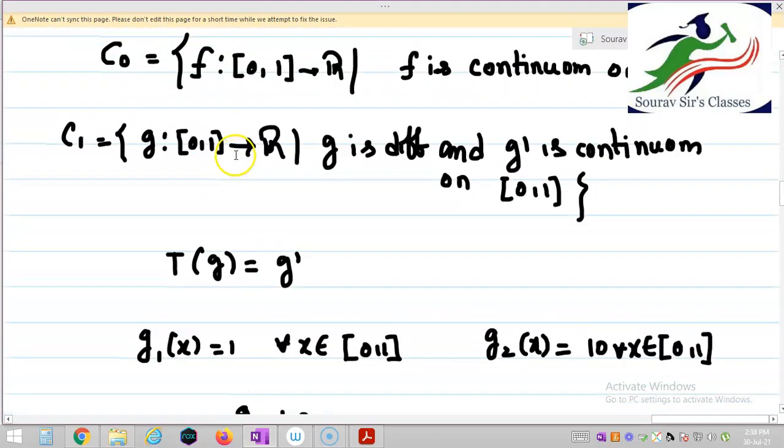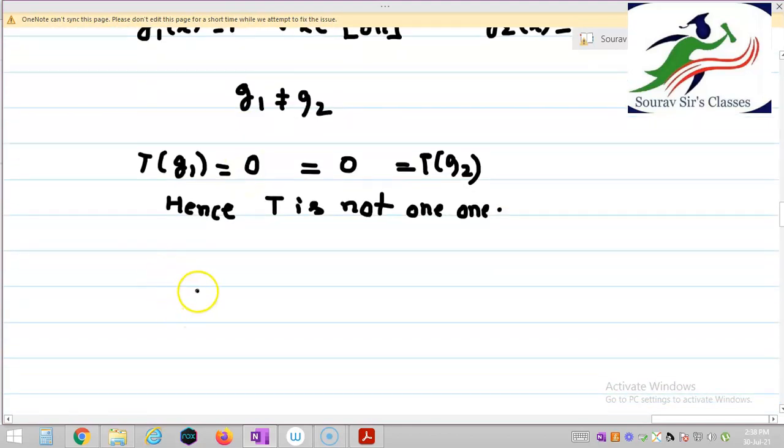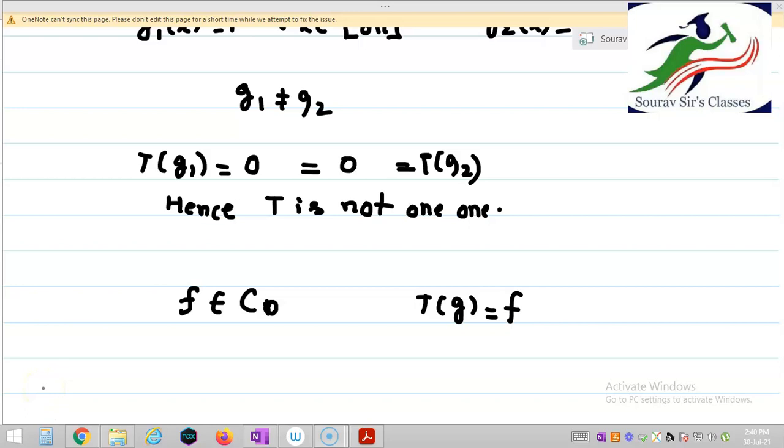So for this, let me choose a function or element f belongs to C0. Now let me check whether there exists a g belongs to C1 such that T of g is equal to f. It means T of g is g dash, that is g dash is equal to f.